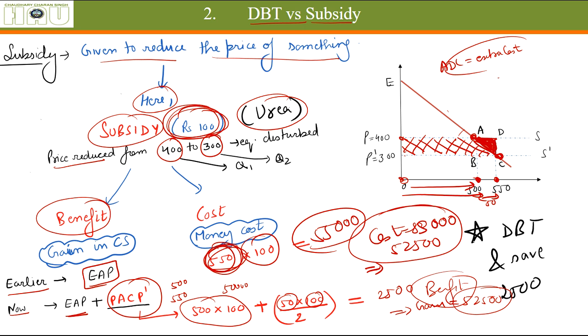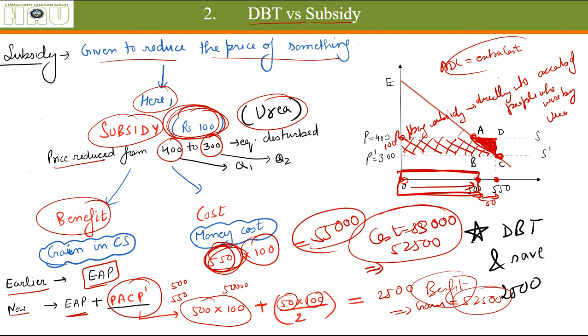So what should be done is, this 100 rupees per bag subsidy can be given directly into the accounts of the people who were buying urea. How many people were buying urea? 500 units of urea were being bought earlier. So the cost of direct benefit transfer would have been 500 into 100, that is equal to 50,000.